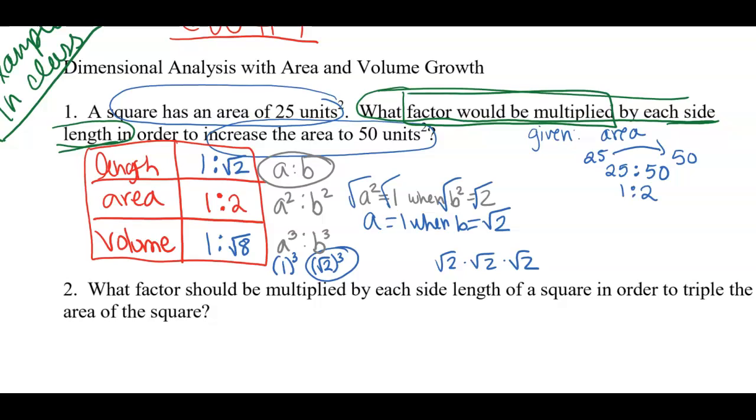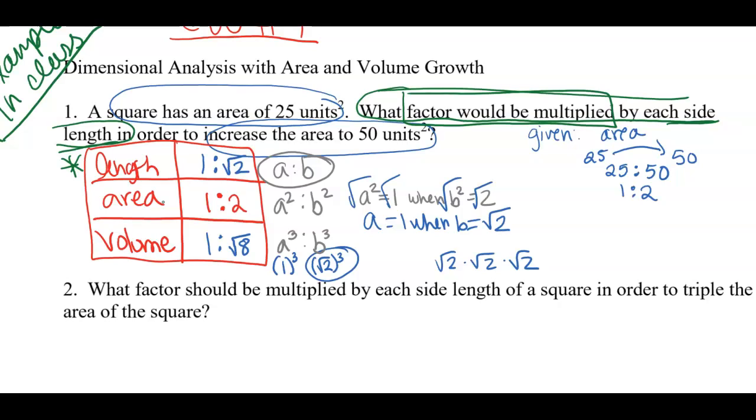Length. They're talking about one specific side length, something I can measure with a tape measure. That means this is going to help me answer my question. Is that okay with everybody? So I take what's given to understand a ratio, and I can find all my other ratios. I need to read what they're asking to understand which one of these is about the answer, and then decide, do I just write down 1 to rad 2 or not, depending on what the question actually asks about the side lengths.